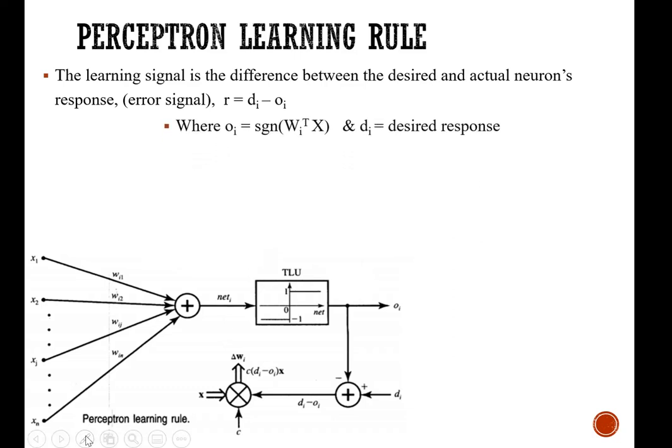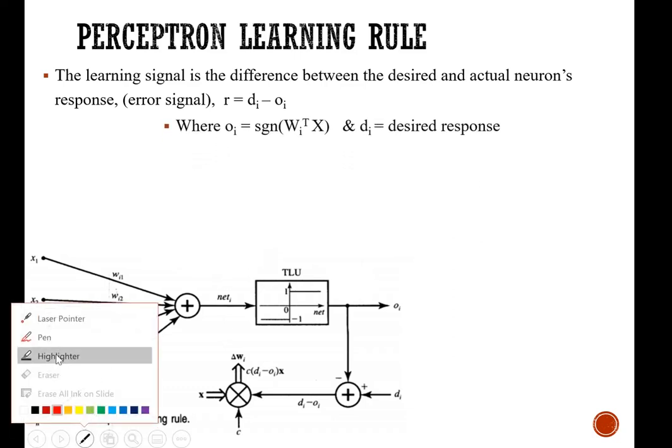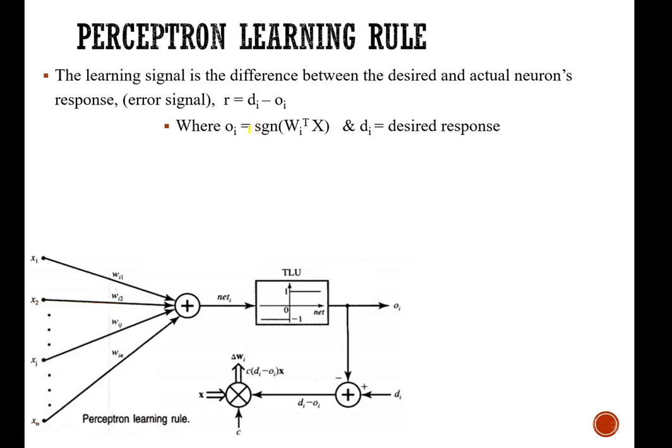But what is o_i? o_i is nothing but sgn of w_i transpose x. Please remember, here we are using sgn of w_i transpose x, not f of w_i transpose x.